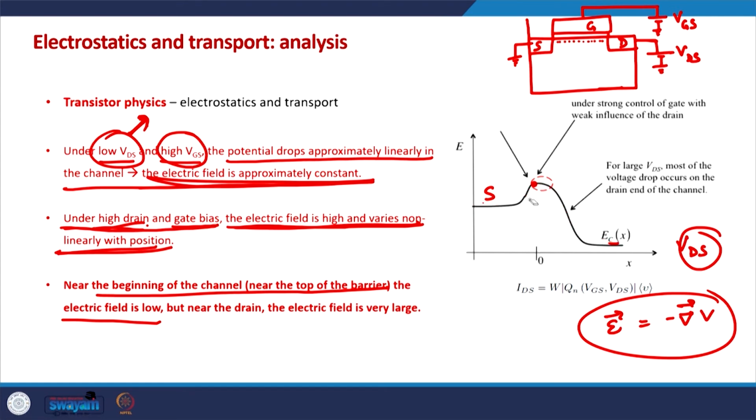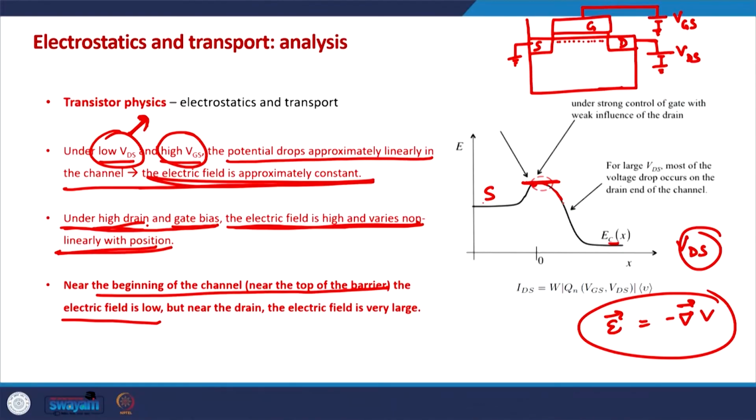The gradient of the band at the top of the barrier is almost 0 or extremely low. Just at the top of the barrier the gradient is 0, so the electric field is almost 0 at the top of the barrier.